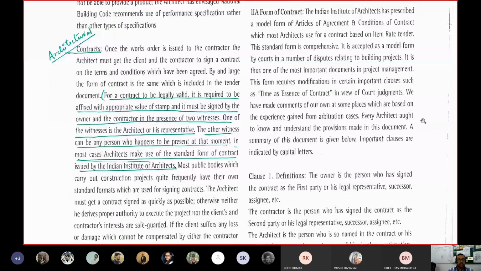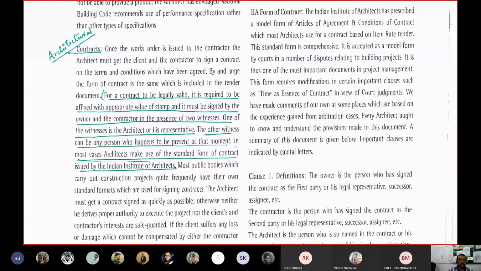And it must be signed by the owner and the contractor, in between whom the contract is being signed, in the presence of two witnesses. One of the witnesses is the architect or his representative.